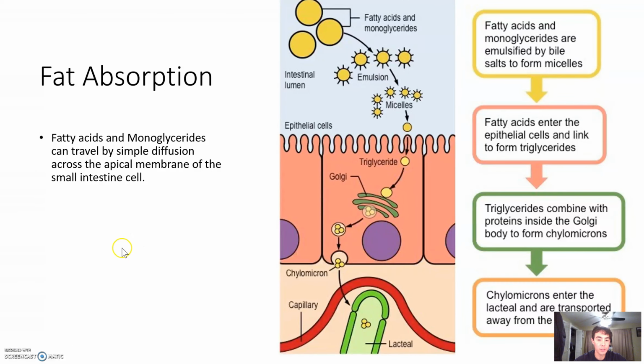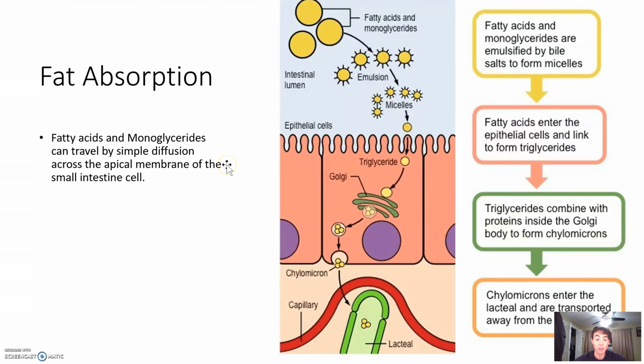Once the micelle reaches the cell of the small intestine, the fatty acids and monoglycerides that are stored inside these micelles are then released and absorbed by the small intestine via simple diffusion. These can just cross the plasma membrane, no problem, just down their concentration gradient.